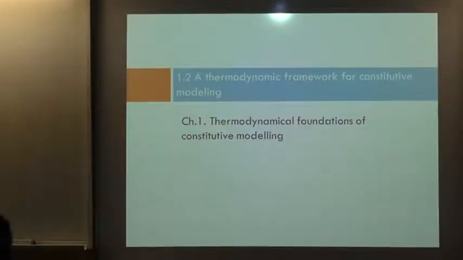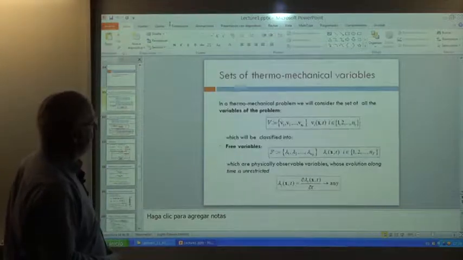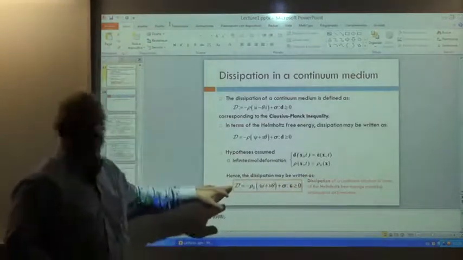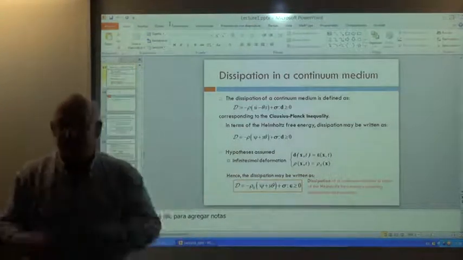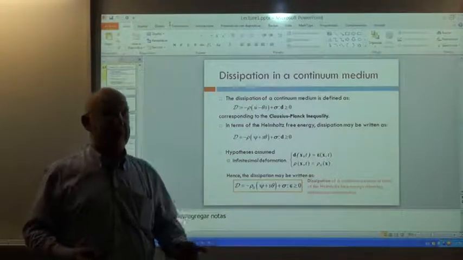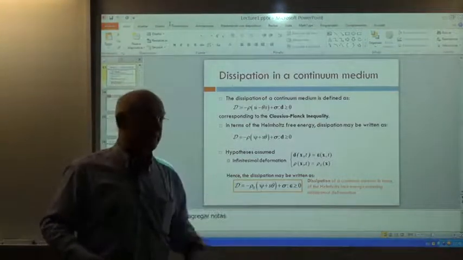So this is some preliminary, and I think it's a good point to stop, unless you have any question. I try to explain it simply, but I know that if you're not familiar with that, it's not easy. What is important here is that this equation expresses, after all this manipulation, that the dissipation at every point, in every body, at every time, has always to be greater than zero.